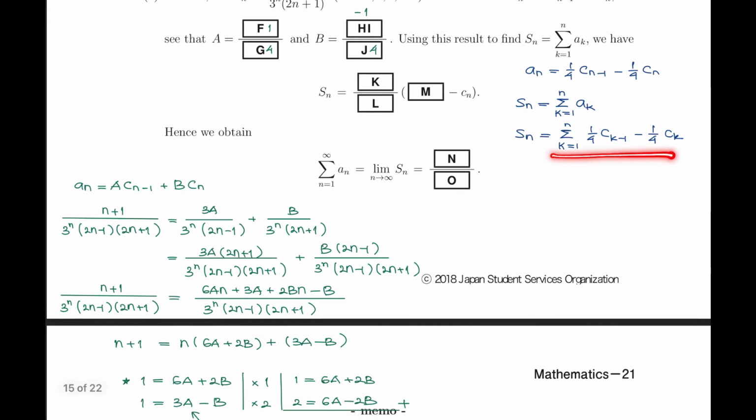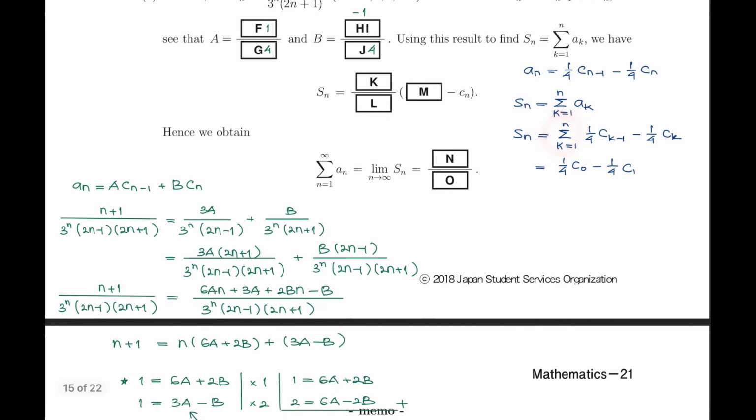How to find or simplify this equation? To simplify this equation, you can put the value of k into there. And once again, we have to know the pattern of our expressions. If I substitute k equals 1 into there, I got 1 over 4 C0 minus 1 over 4 C1.